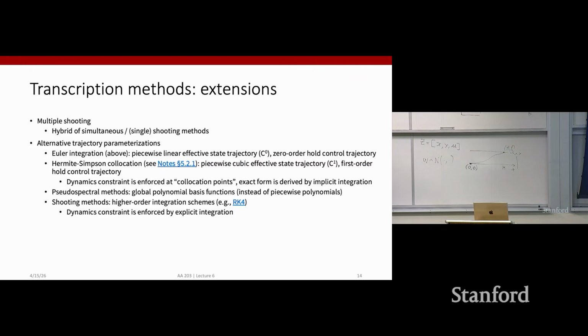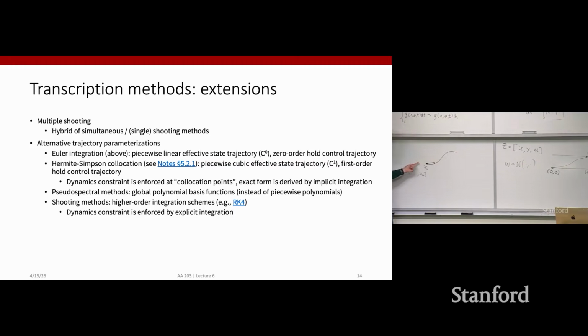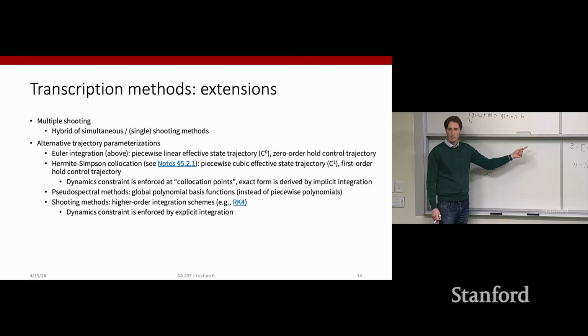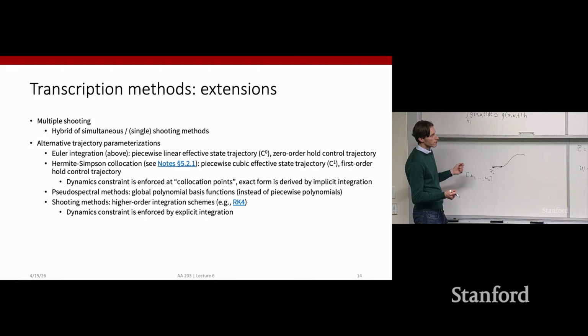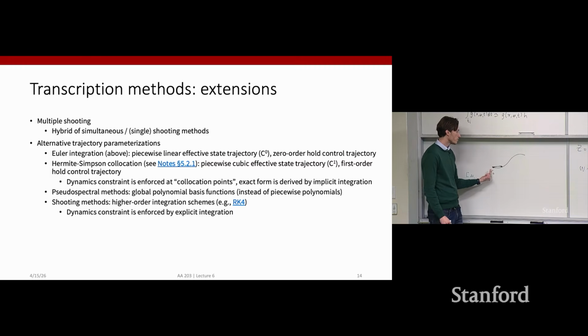If at a high level it's clear what we're doing in the control parameterization methods with this shooting of the dynamics forward in time, in multiple shooting this is basically a hybrid, in the sense that rather than propagating my dynamics forward from the initial condition to the final condition, I'm doing this single shooting on a smaller subset of my time intervals.